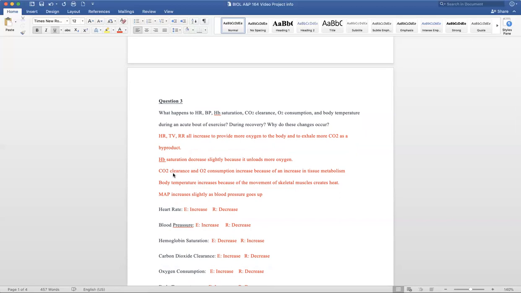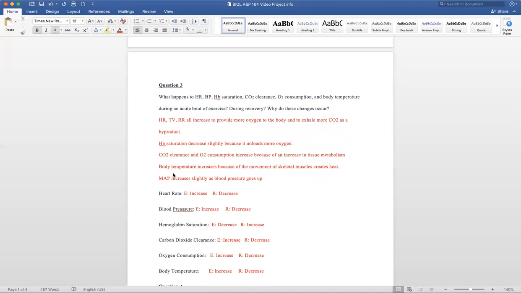The CO2 clearance and O2 consumption increase because of an increase in tissue metabolism. So your body is using more of the oxygen, so it's increasing the consumption, which means there's going to be an increase of the byproduct, which is CO2.